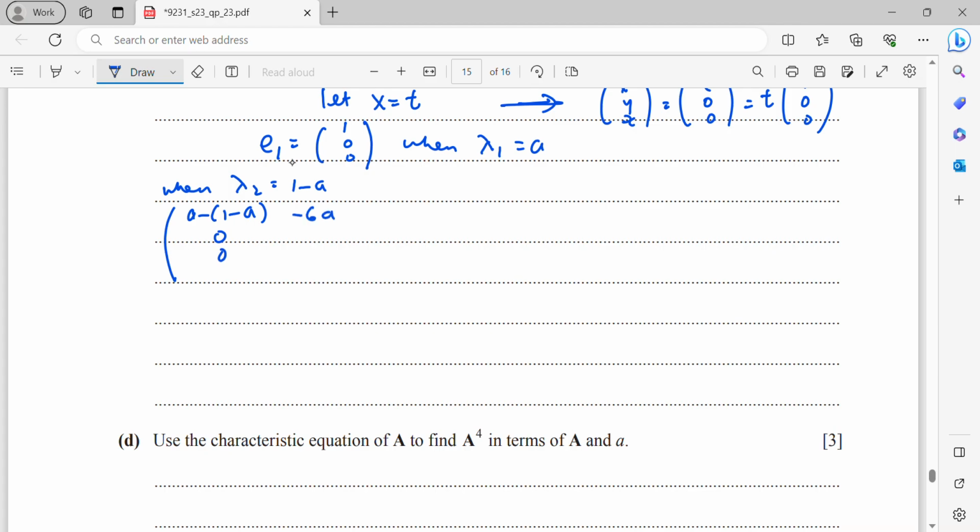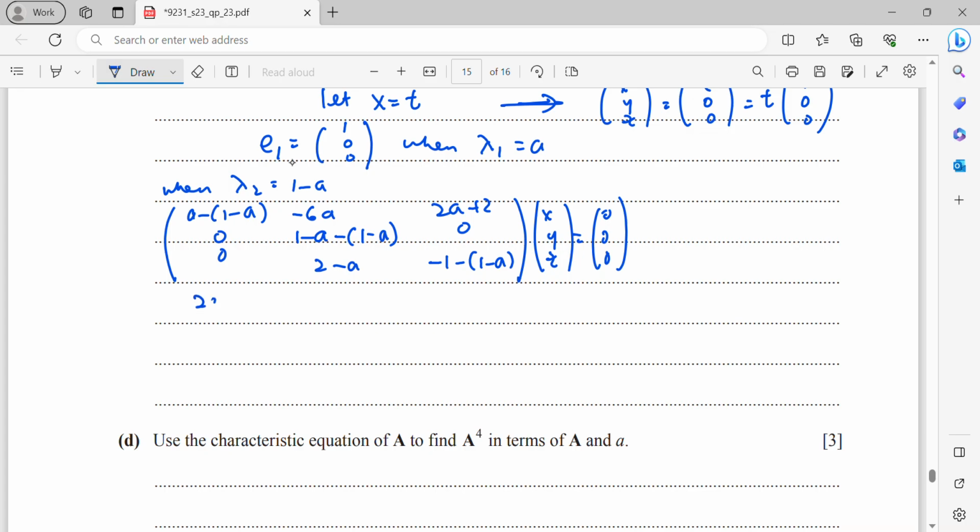Then minus 6a, 1 minus a, then minus lambda. So minus 1 minus a. Then after that, 2 minus a. Then followed by 2a plus 2, 0, minus 1 minus lambda. Multiply with x, y, z, that equals to all zeros. Alright, so I will get 2a minus 1, then 0, 0.